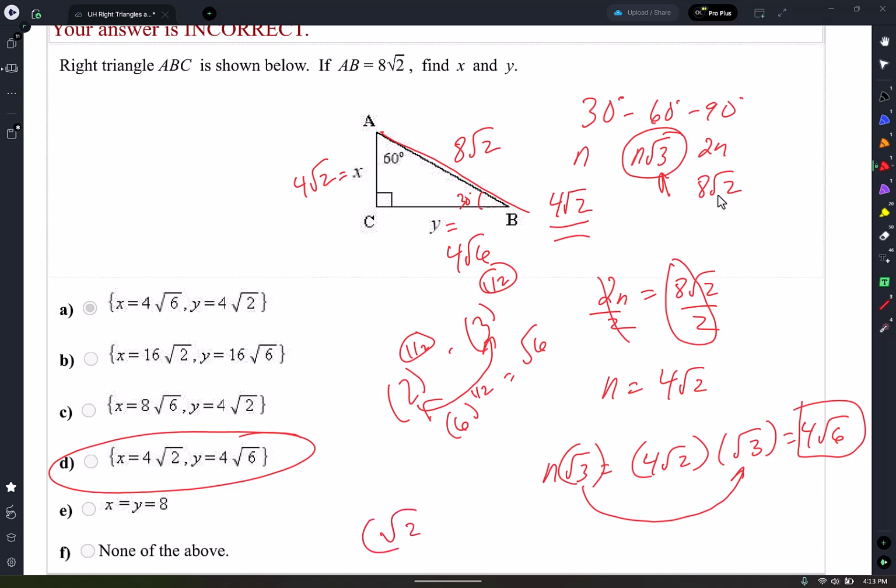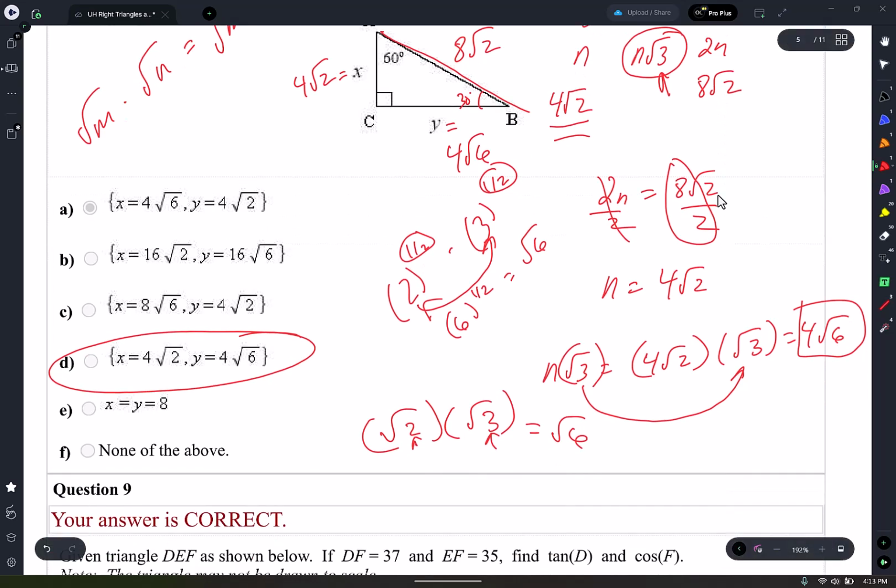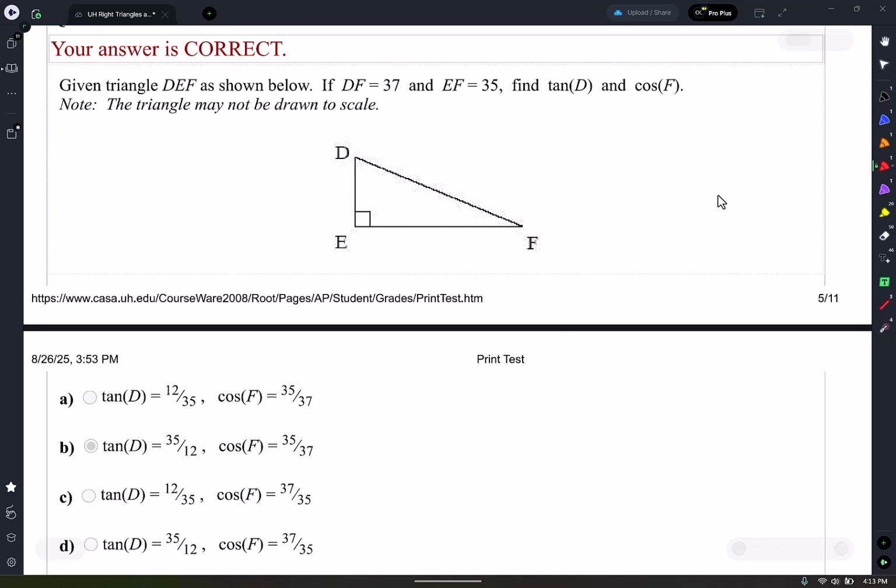Square root of 2 times square root of 3, that's inside the radicand. So it's just the square root of 6. Side note, square root of m times square root of n equals square root of mn. That's all it is. Algebra. Okay. Next one. Here we go.